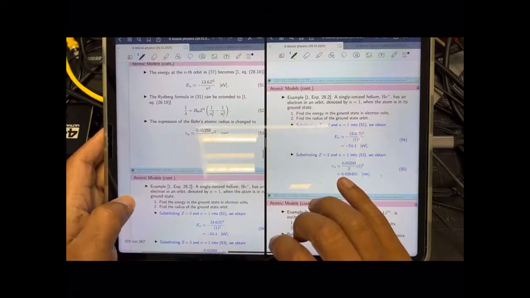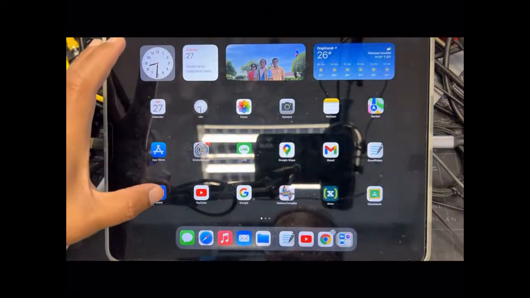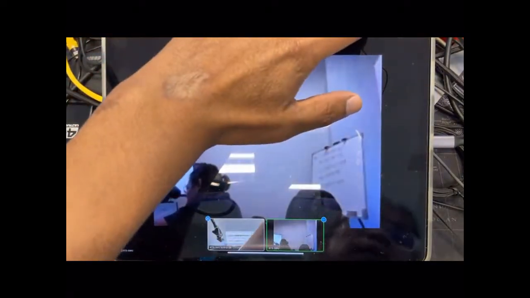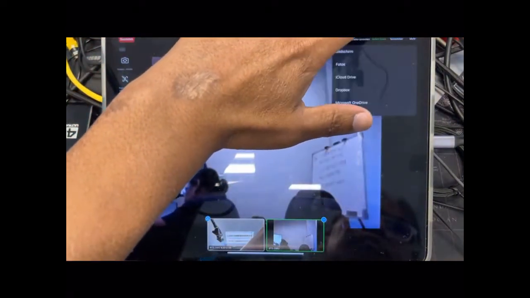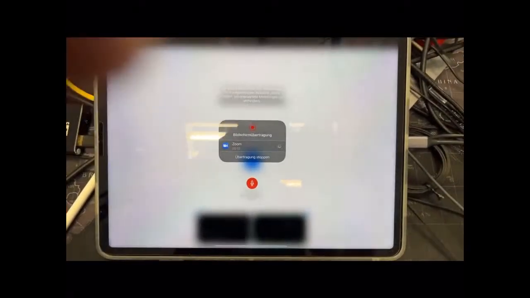Yes, the radius expression, the Bohr atomic radius, and we need to share. Let's try. All right. Okay, the screen is all right.